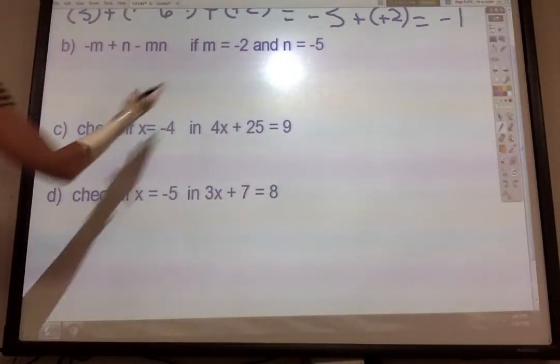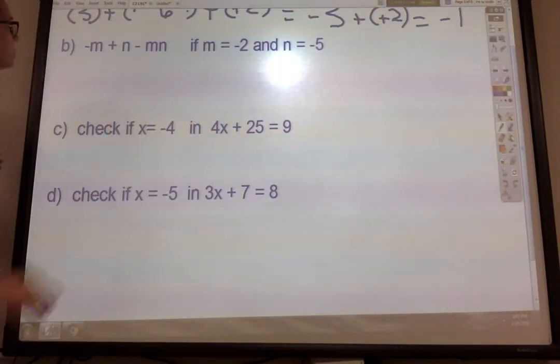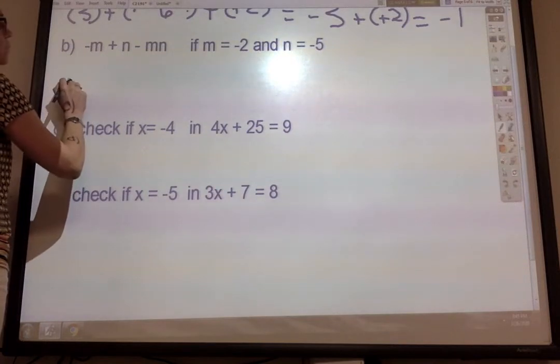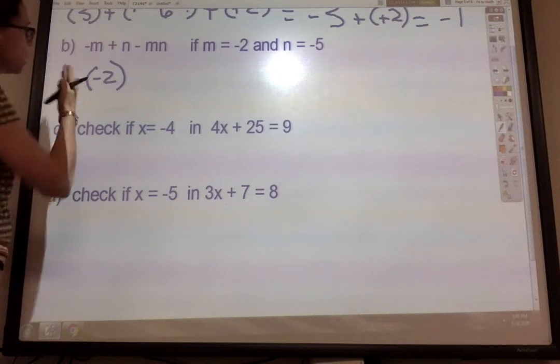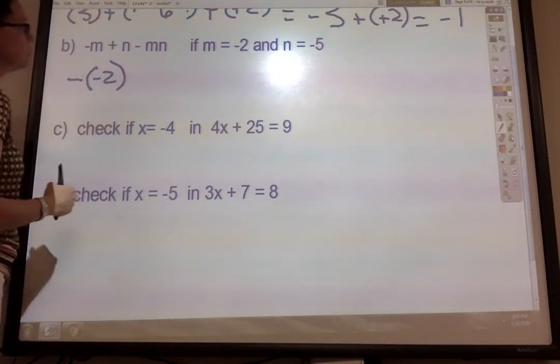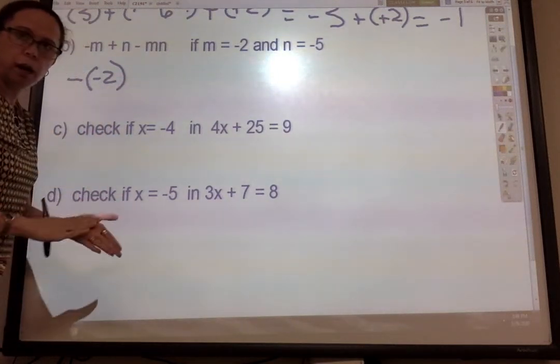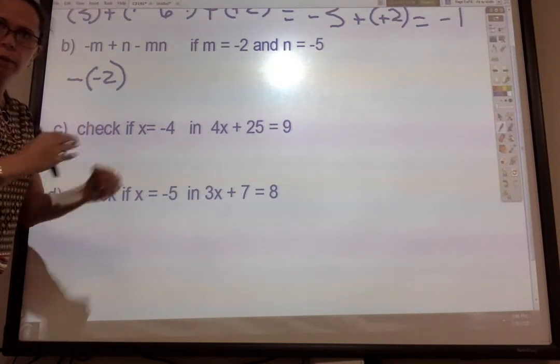So let's replace our variables with the values. This is a negative n, so negative 2, or you could say subtract minus a negative 2. Remember at this point, subtract and negative, we need to start thinking about them as meaning the same thing.